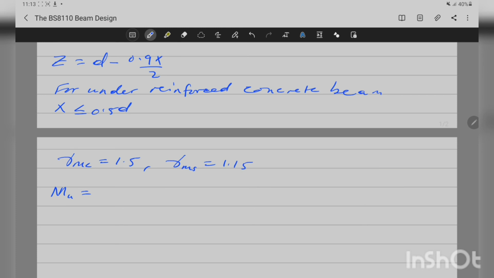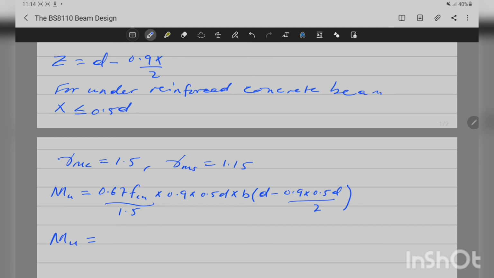So here our value now will be 0.67 FCU out of the material factor of safety, times 0.9, times, instead of x, 0.5 D, times B, into Z. Now Z is D minus 0.9, where there's x we replace it by 0.5 D, that is the maximum value of x specified by the code, out of 2.